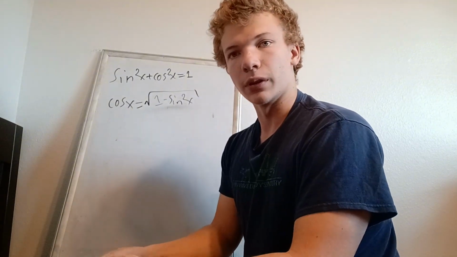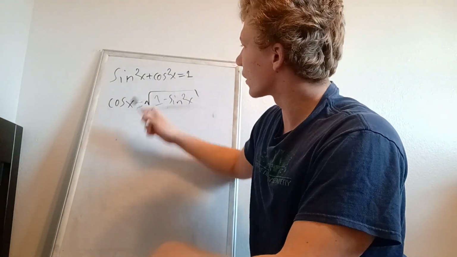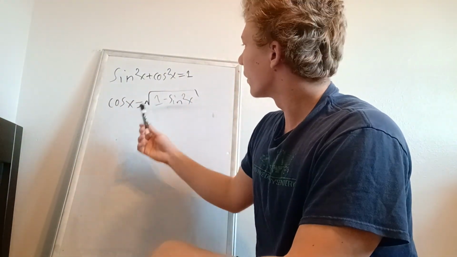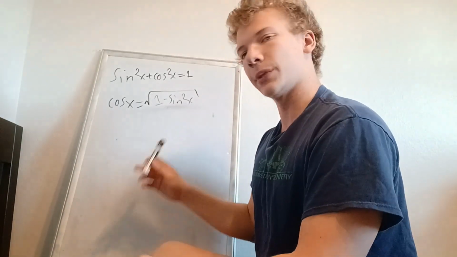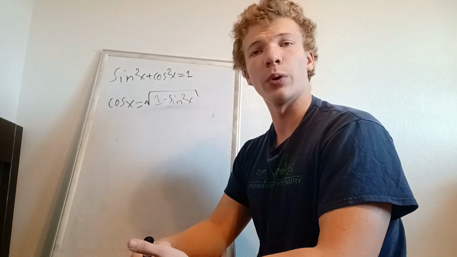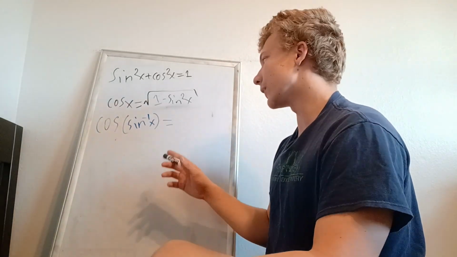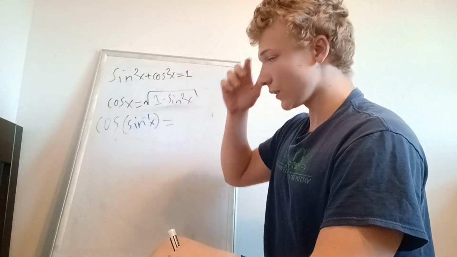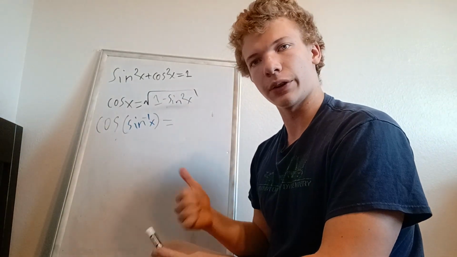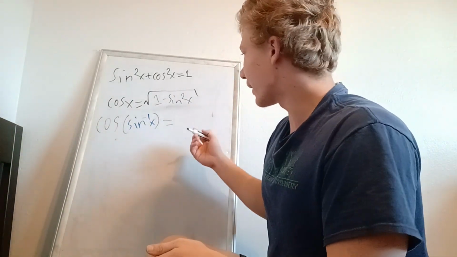Well, to start, let's consider arcsine of x and try and find the derivative of that. So, we already know this. Based off of this Pythagorean identity, we know that cosine x can be written in terms of sine x like this, square root of 1 minus sine squared x. Now, here's something interesting. How about, instead of cosine x, we change the input from x to be arcsine x? Well, what will that equal?